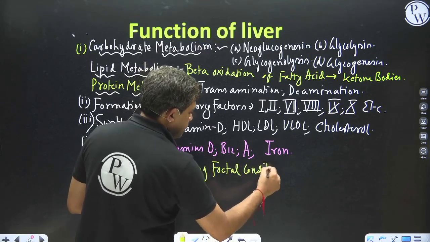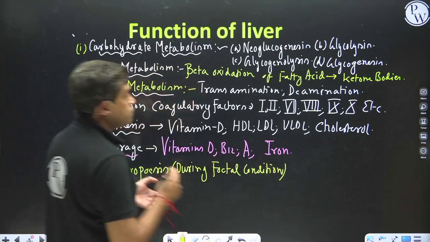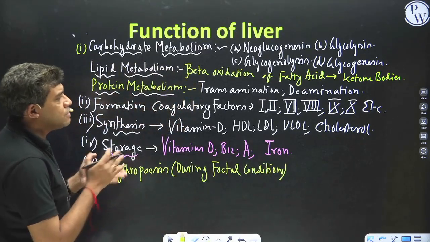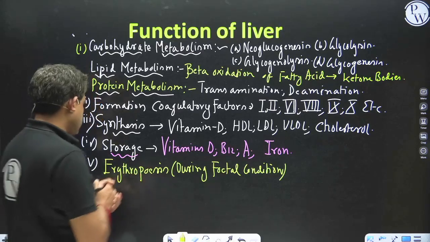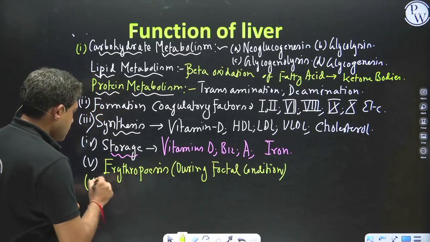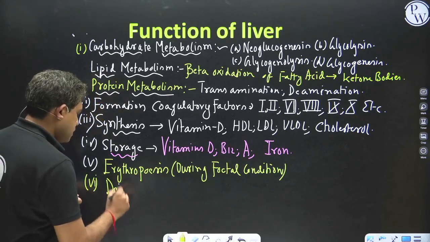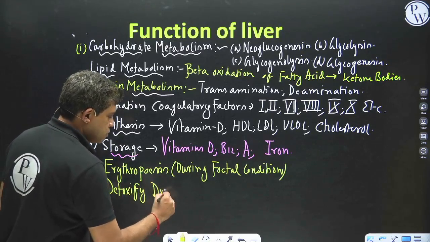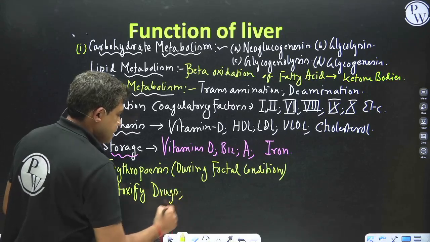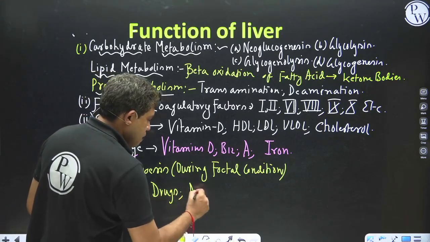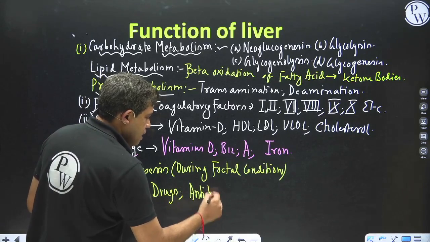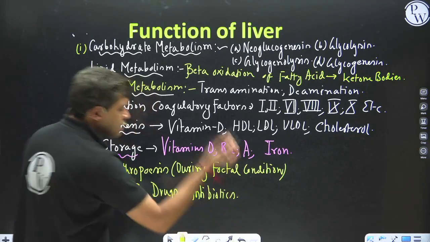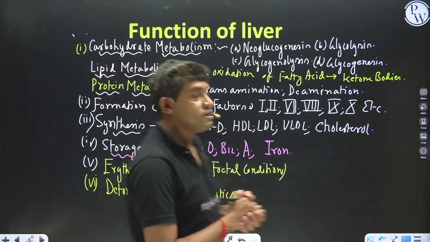This is also a very important function, and there are many other functions associated with the liver. For example, it can detoxify drugs, it can detoxify antibiotics. So these are a whole lot of different functions of the liver.